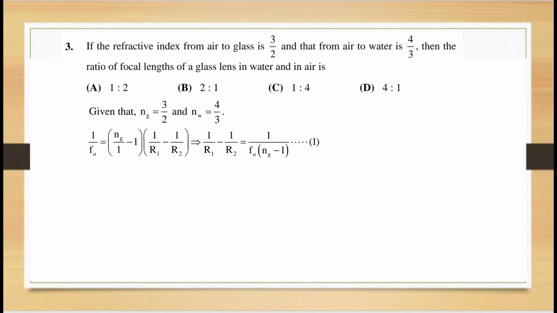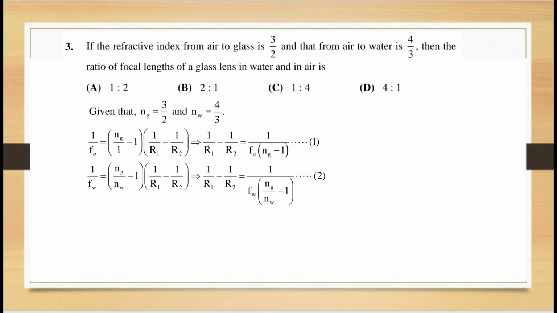Similarly, when the glass lens is in water, the formula will be 1/FW equals (Ng/Nw minus 1) into (1/R1 minus 1/R2), which implies 1/R1 minus 1/R2 equals 1/FW into (Ng/Nw minus 1). Take it as equation 2.